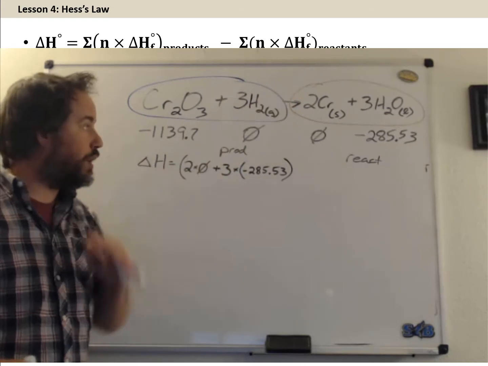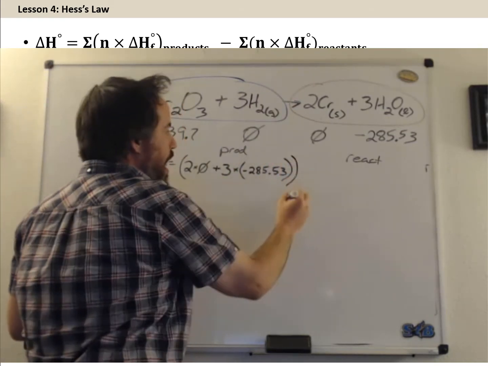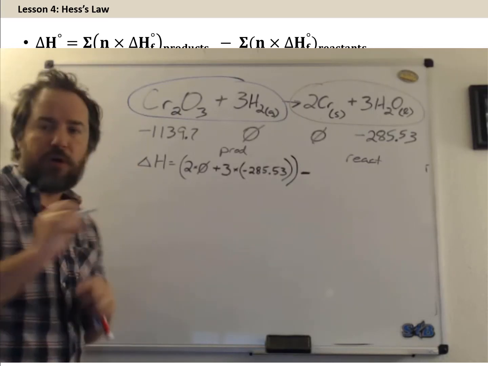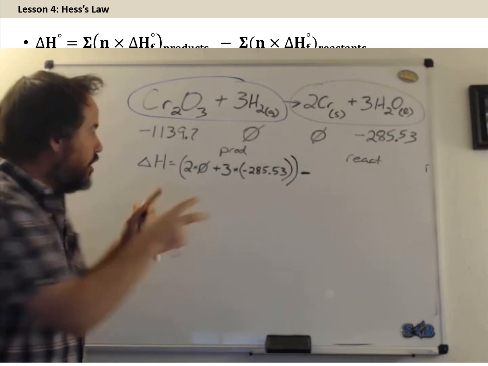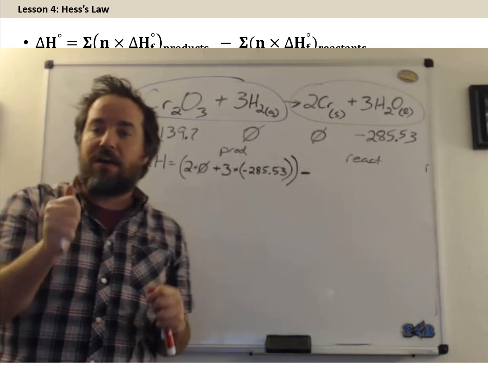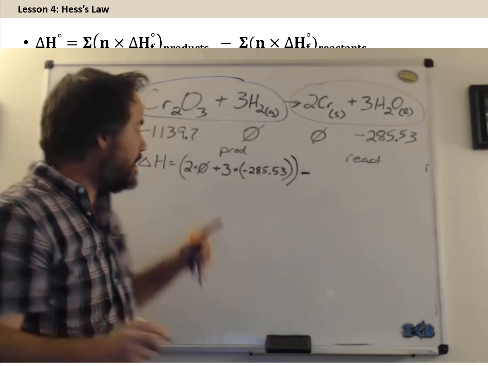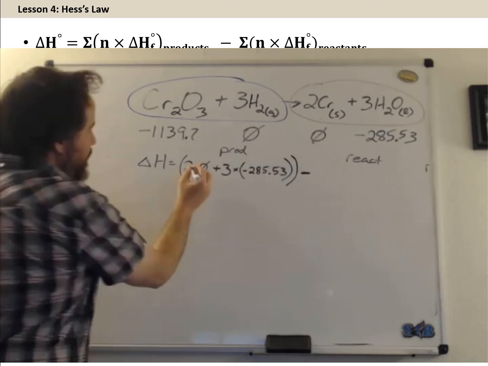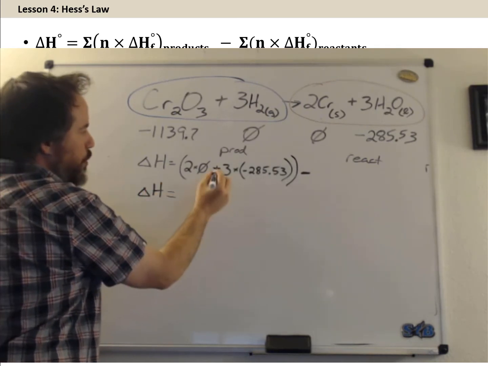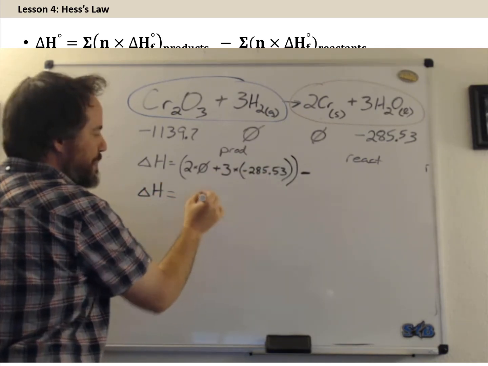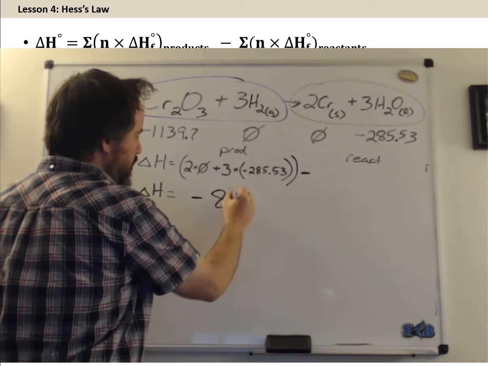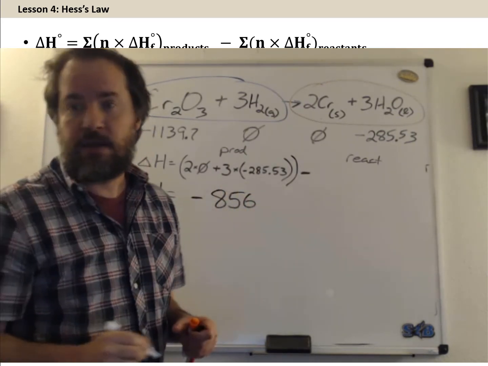That negative is important. I'm going to do this in a more deliberate way, doing the products and then the reactants, because it's very easy to make mistakes. So this obviously is 0, and I end up with 3 times this value, which gives me negative 856.59.